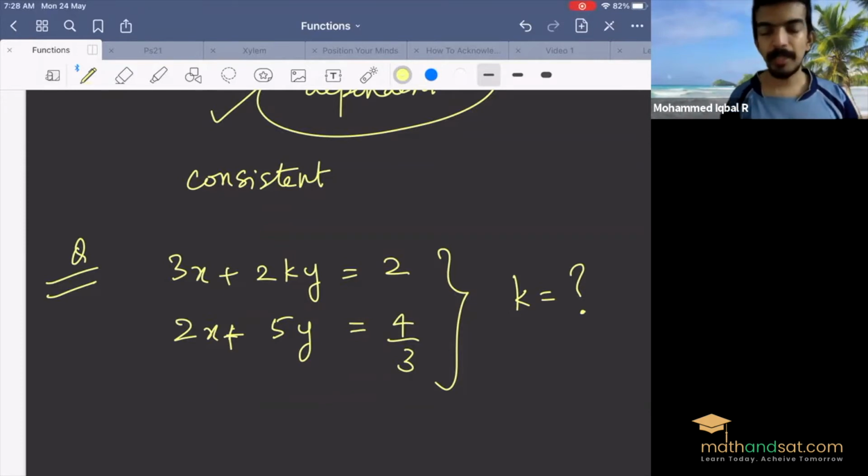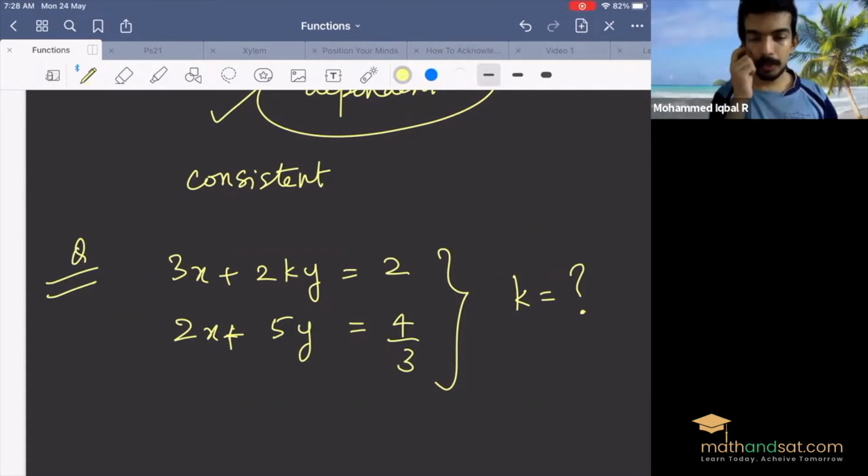Is there a confusion? Please let me know.